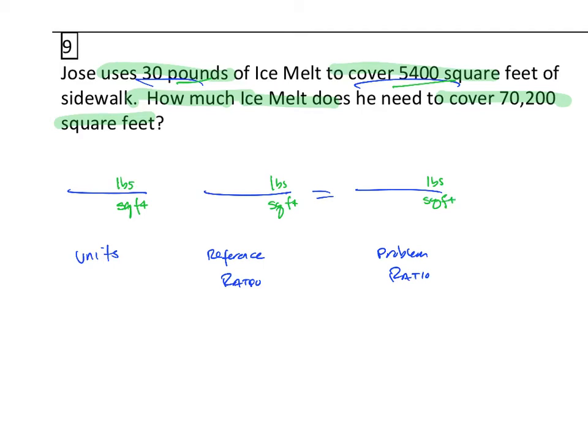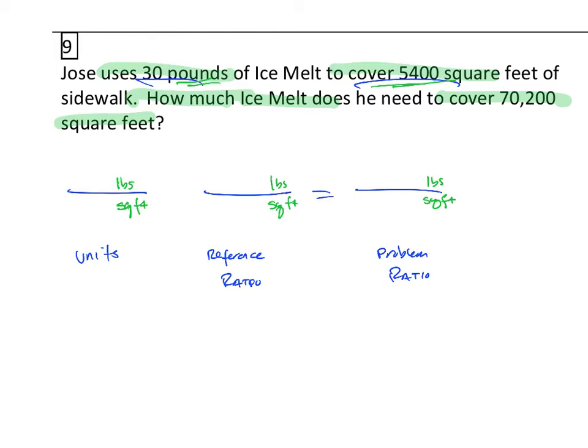Same units you have on top. They're telling us what we're comparing. I notice some people will go to the unit rate, but make sure you're writing out a final proportion, and you're actually doing more work than you have to.